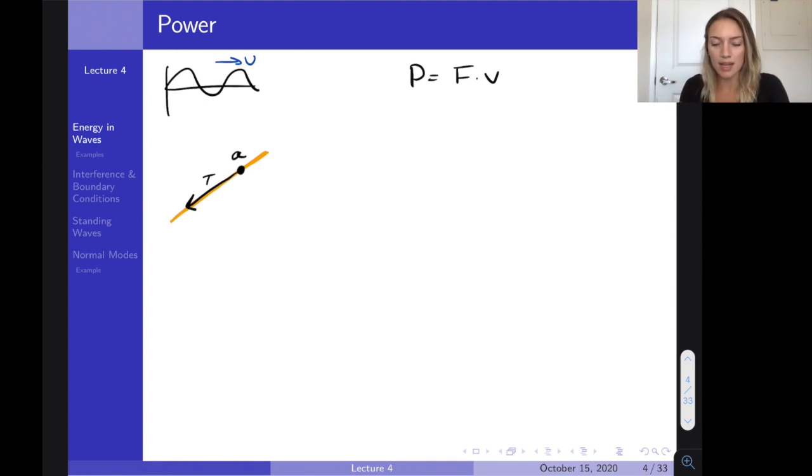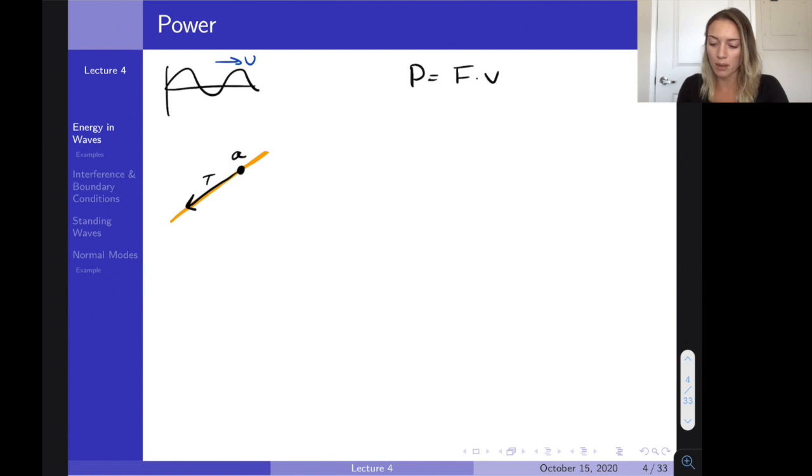And we said last time that any individual point on a transverse wave is only executing simple harmonic motion in the vertical direction, right? So this specific point is only going up and down. So we know that the velocity of this specific point has to be in the y direction. And if you remember dot products, the dot product only picks out parallel components.